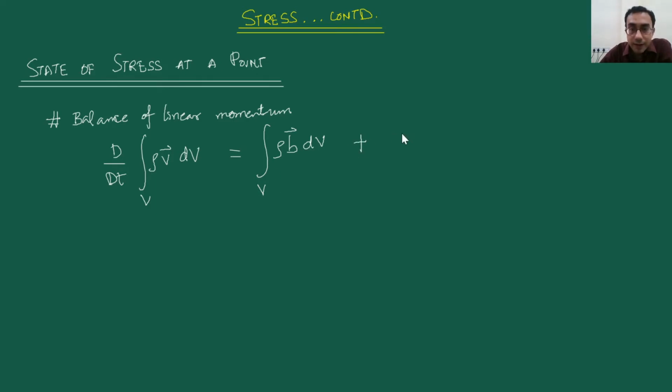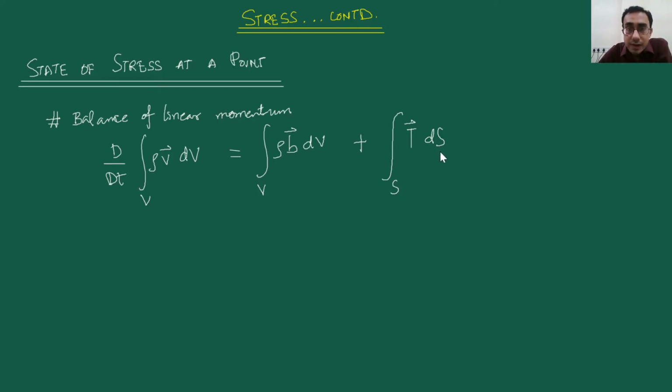And finally, and this is where the first step towards establishing the connection between stresses and tractions will take place, we are going to write down the surface forces in terms of the traction. Okay, so this is T dS.